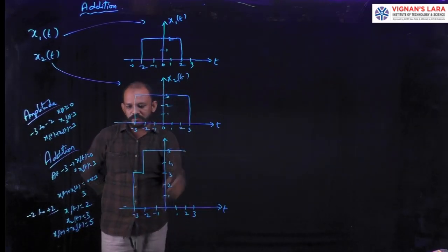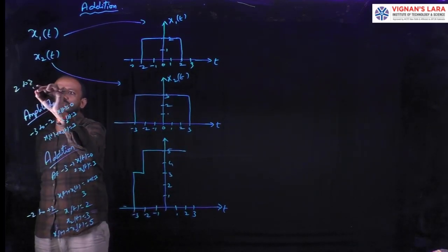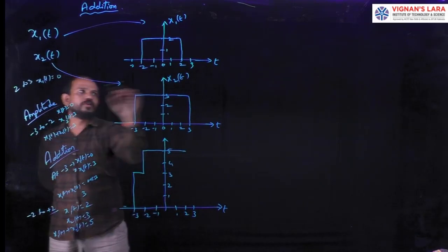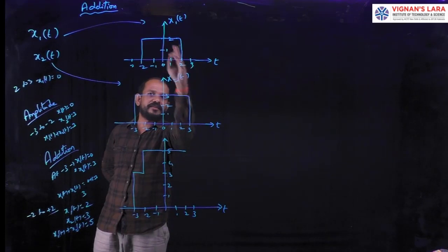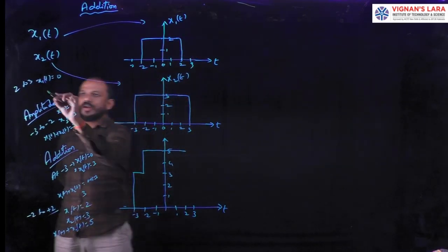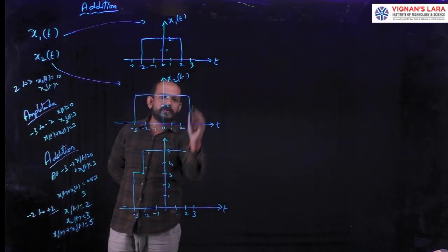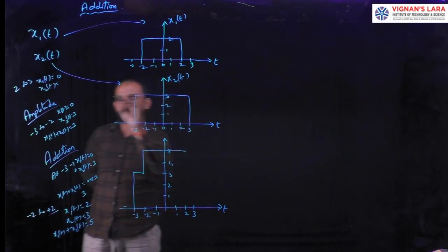So from 2 to 3, x1 of t is 0. There is no signal; the amplitude has come down from 2 to 0. And x2 of t, from 2 to 3, is 3.